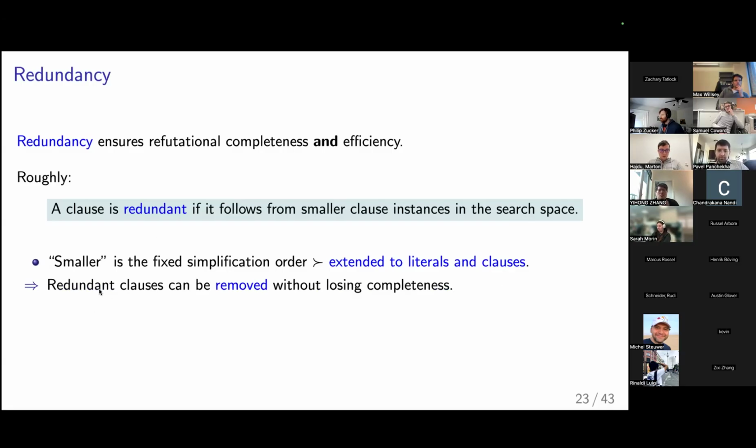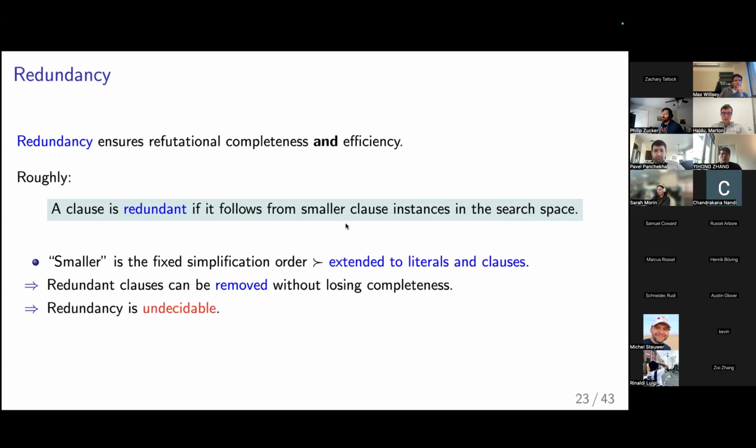And so if a clause is redundant in a search space, then it can be removed without losing completeness. But of course, redundancy is undecidable because we have to check entailment in general. So we employ some kind of sufficient conditions to do this.